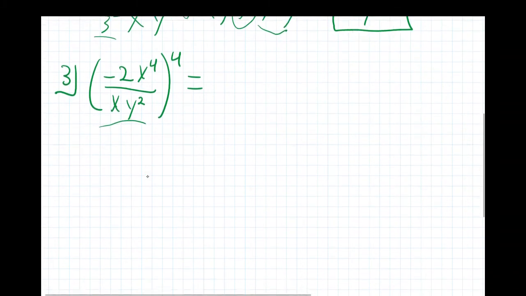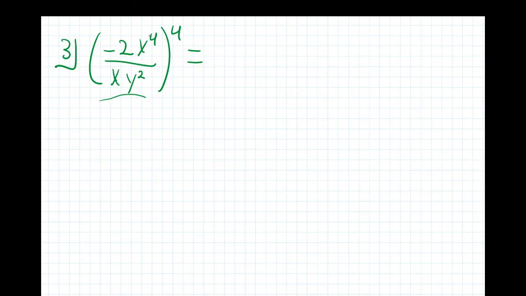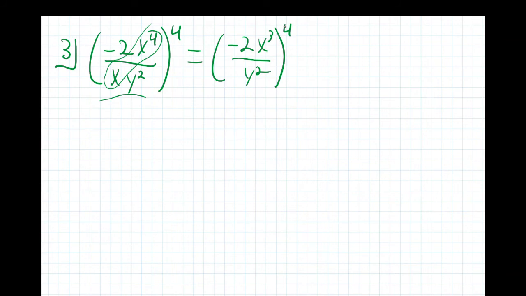So if we were to simplify this, I have an x to the fourth over x to the first. I'm going to end up with negative 2x to the third all over y squared, all to the fourth power. Now, I'm taking the 4 and I'm multiplying it with every exponent inside the parentheses.